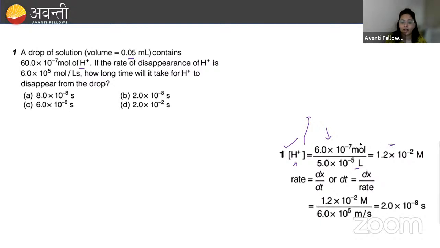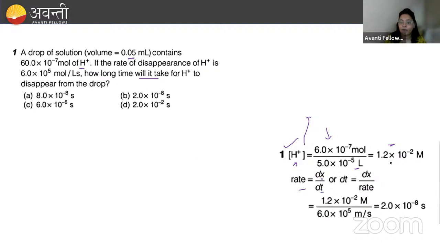Now we can easily find how long it will take for H plus to disappear from the drop. You know rate is the change in the concentration of a given species with respect to time.